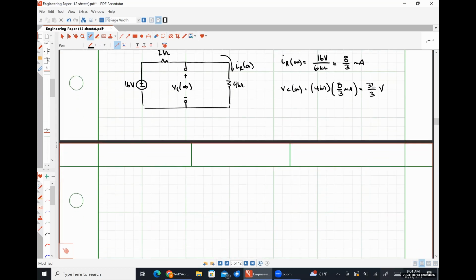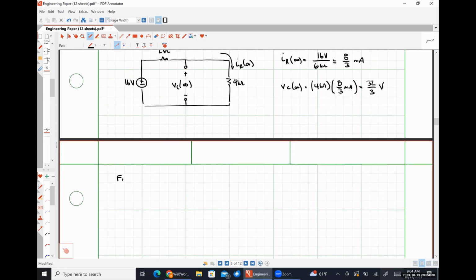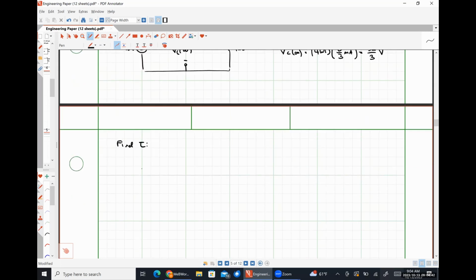How do we find tau? So during the transient condition, we have the following circuit: 16 volt source, 2 kiloohm resistor, 25 microfarad, I believe, yeah, and a four kiloohm resistor.